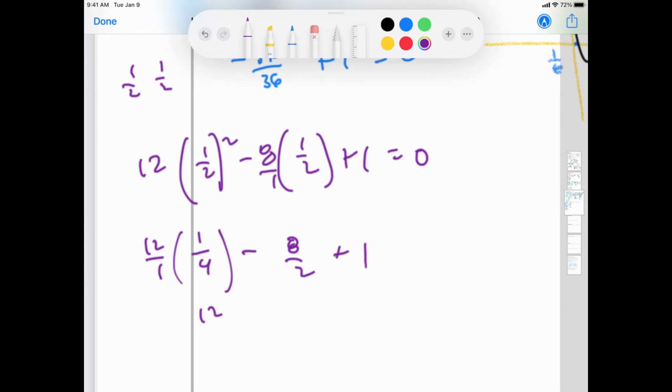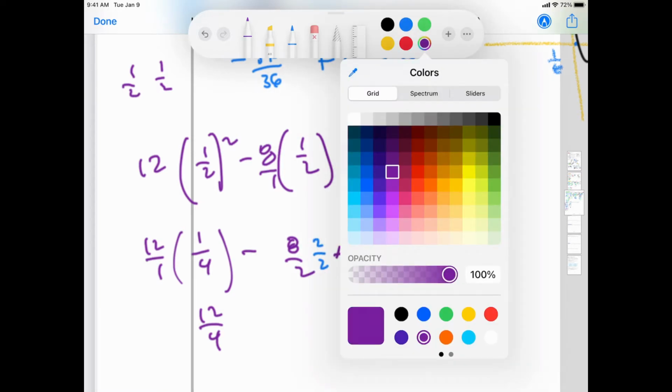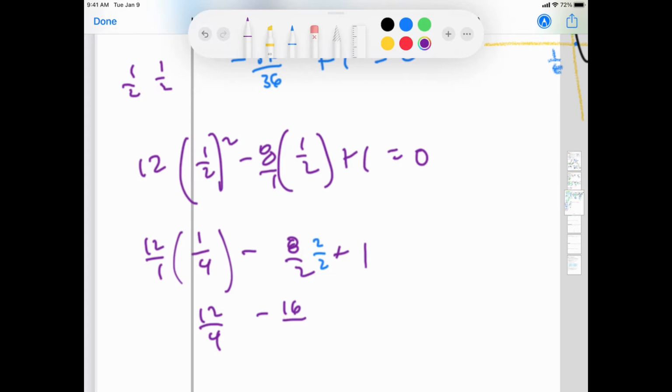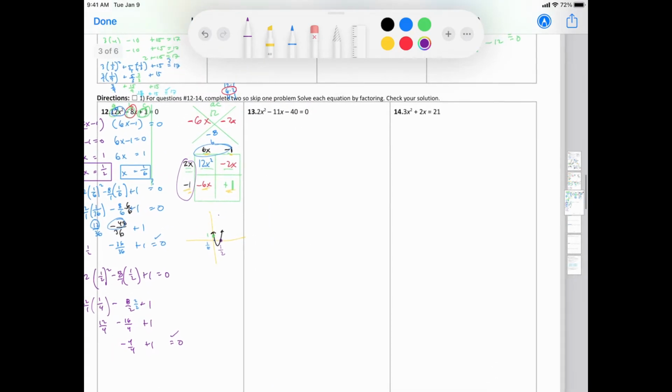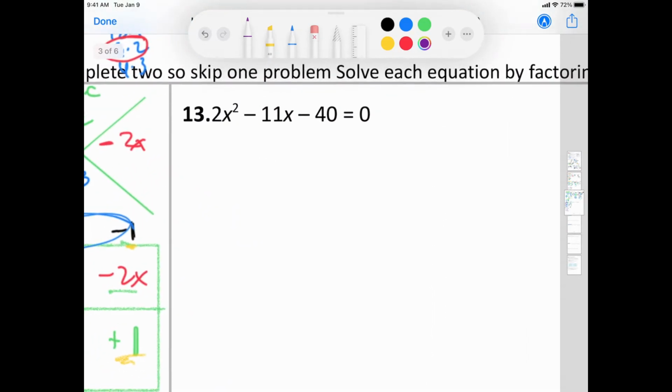Multiply across, 12 over 4. This will give me negative 16 over 4. And that'll give me negative 4 over 4, which is negative 1. And negative 1 plus 1 equals 0. Okay, number 13.